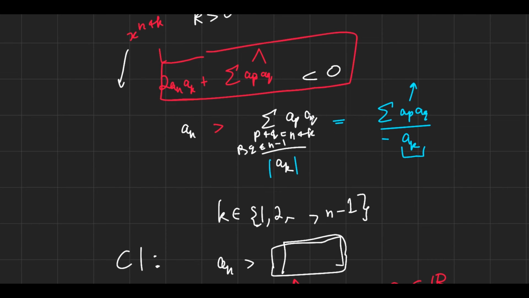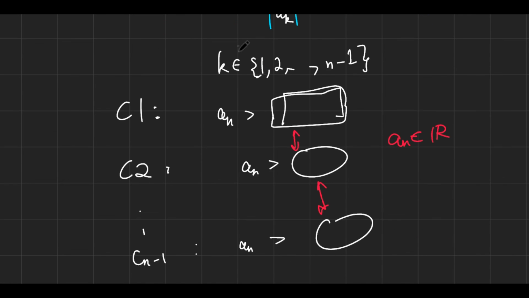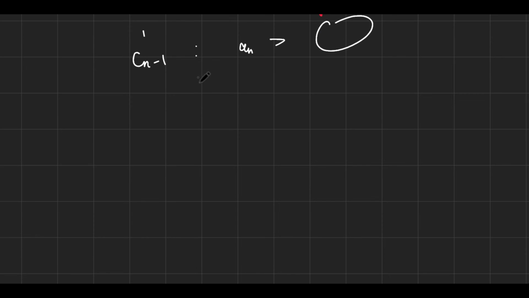I chose my an such that this is satisfied for all k, and you can work this out. You can work out an example. I had one written out for the case n equals 5 to see that this is literally an algorithm. You can start off with a0, a1, and say, let's say a0 is 1 and a1 is minus 1, and then I would have an inequality for a2.